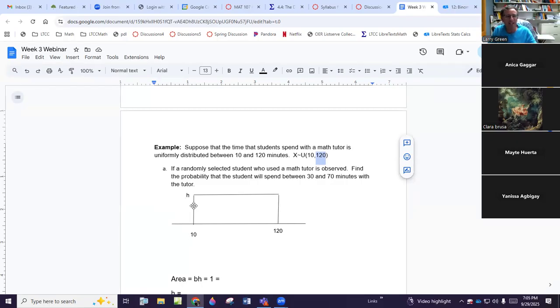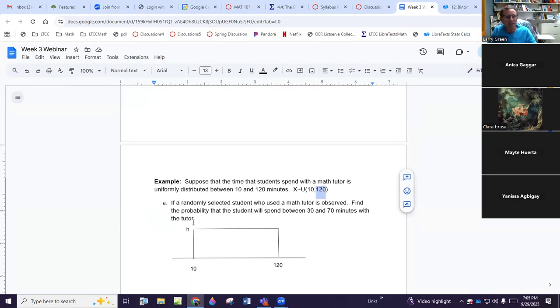Let's find the height. Well, it's a rectangle. Who remembers the formula for the area of a rectangle? This is a pretty easy formula. It's probably the easiest area formula. A square might be easier, but rectangles are the next easiest.